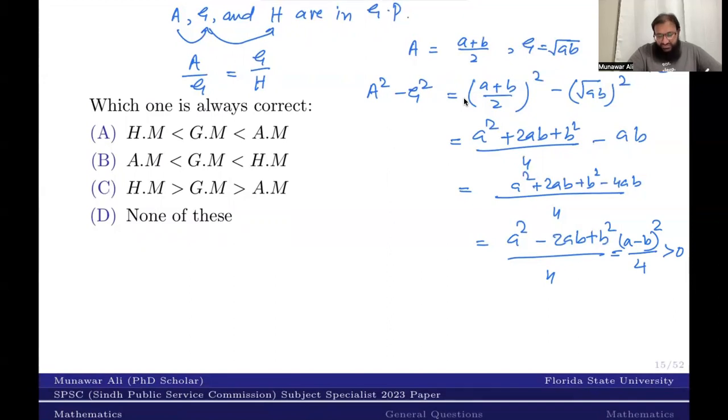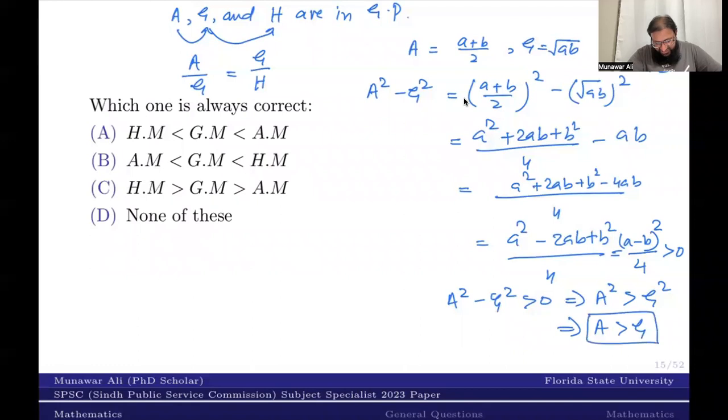So it means that A square minus G square is greater than 0. It implies that A square is greater than G square. And if both of these quantities are positive, then we can say that A is greater than G. So arithmetic mean is greater than geometric mean.